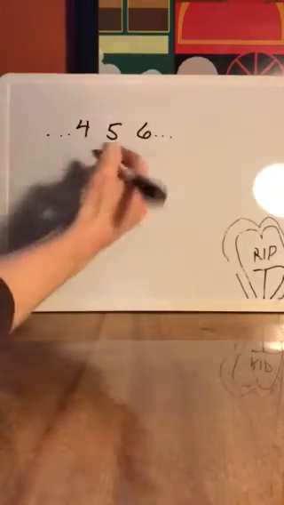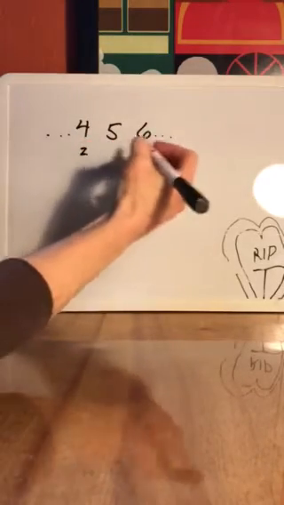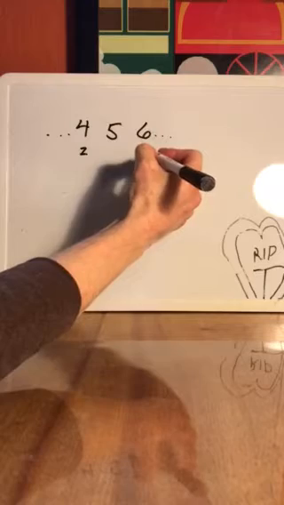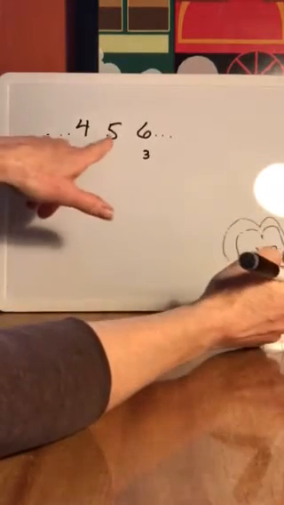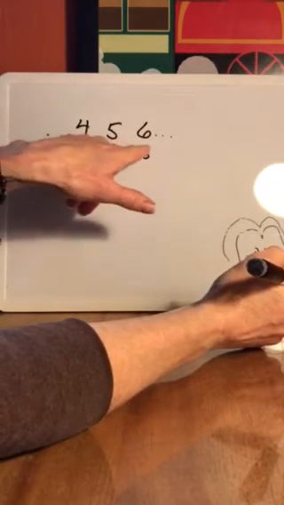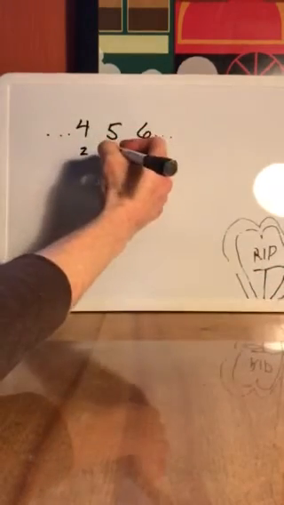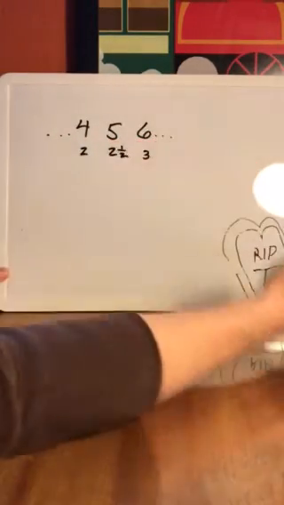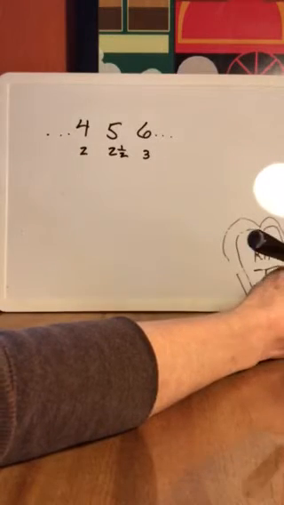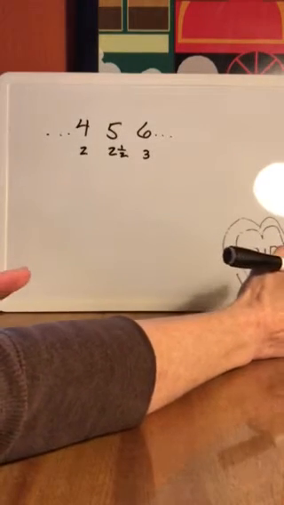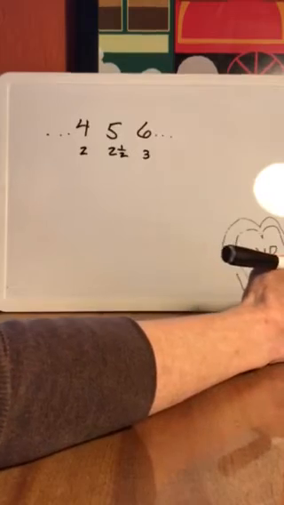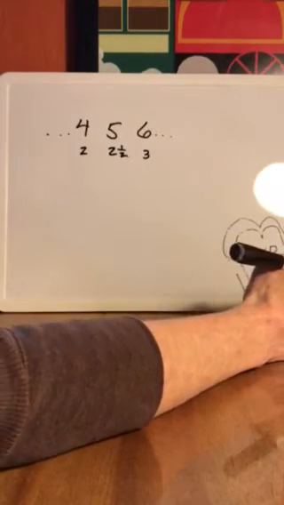Half of 4 is 2 and half of 6 is 3. So 5 is right in the middle of 4 and 6. So what's right in the middle of 2 and 3? That is 2 1/2.